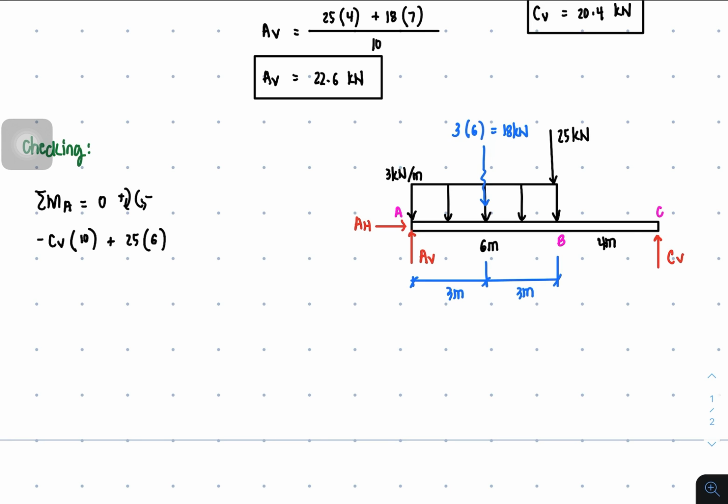The last one is 18, which is also clockwise, and the distance of 18 from point A is only 3 meters, and that's equal to 0.